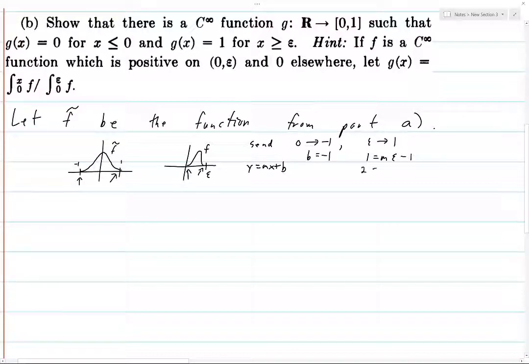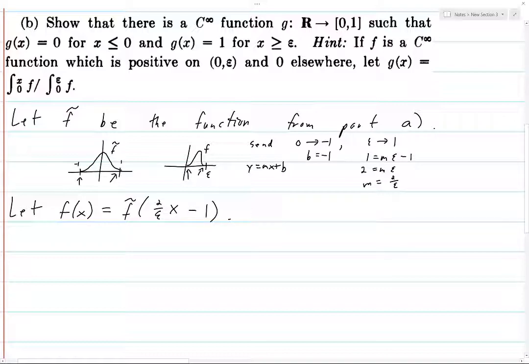And so we have 2 equals m epsilon, or m equals 2 over epsilon. Okay. So what we're going to do is we're going to let f of x equal f tilde of 2 over epsilon times x minus 1.